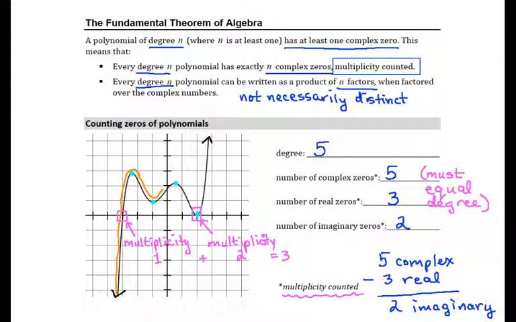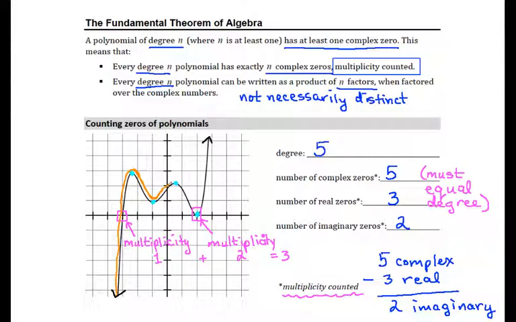And we saw in a previous section that that would take away 2 of my potential real zeros. If I have a turnaround here that doesn't quite reach the x-axis, I lose 2 of my potential zeros. So that's a loss of 2 real zeros, that's a gain of 2 non-real zeros.